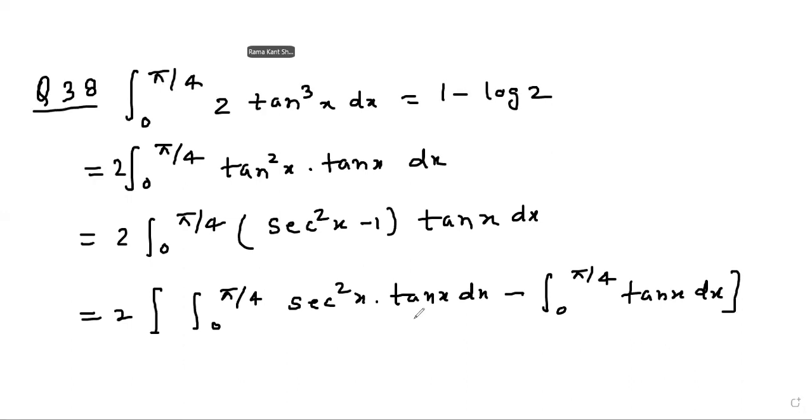Here, if we put tan x equal to t, then sec square x dx will be dt, and it can be easily solved. Here, integration of tan x is equal to log sec x. So after putting these values, one can solve it. It is simple. Now let's go to question number 39.